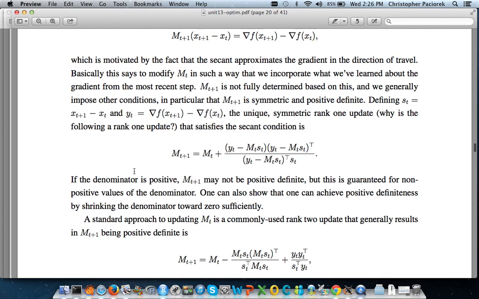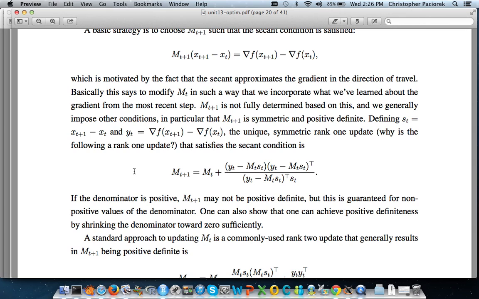One way to write out an update to mt that satisfies this condition looks like this. If we see what yt and st are, yt is just the change in the gradient, and st is just the change in the x's, and those are the pieces in here. If you look at this, you should be able to see that this is a rank 1 update to mt. So we're taking our mt and making a rank 1 update to get to mt plus 1.